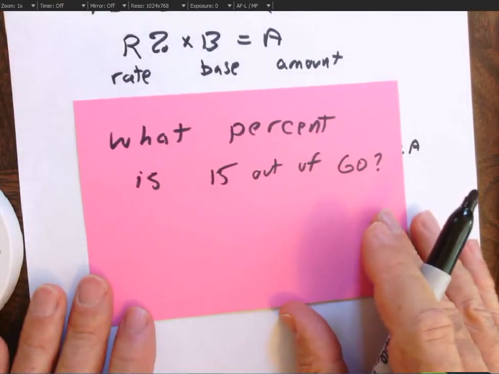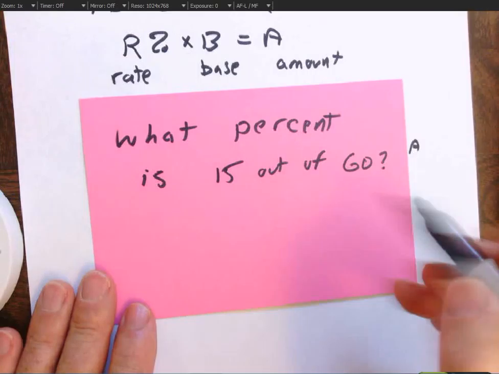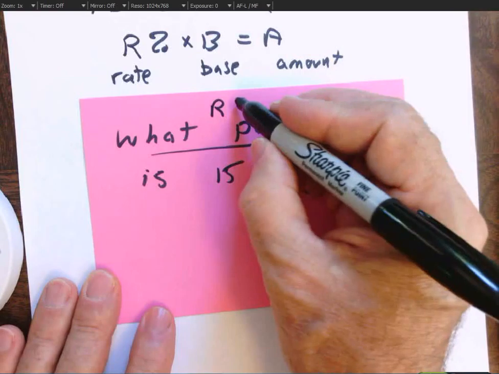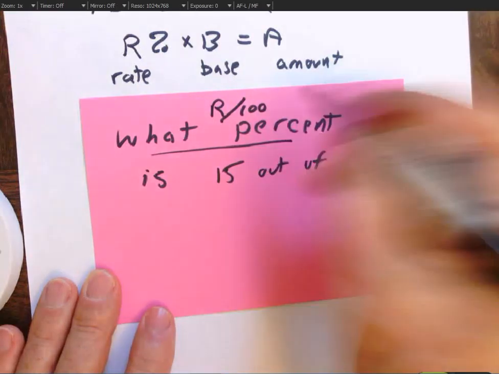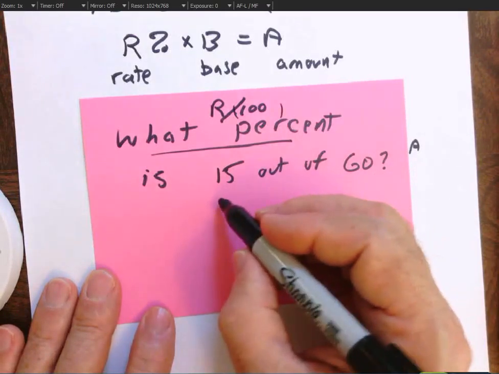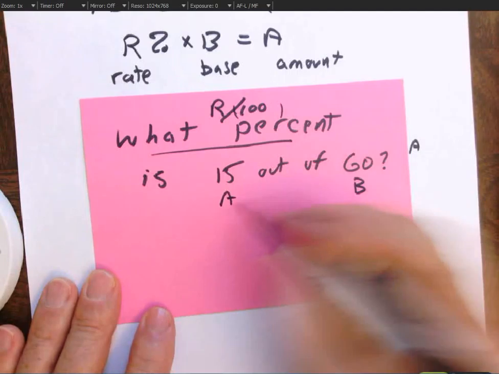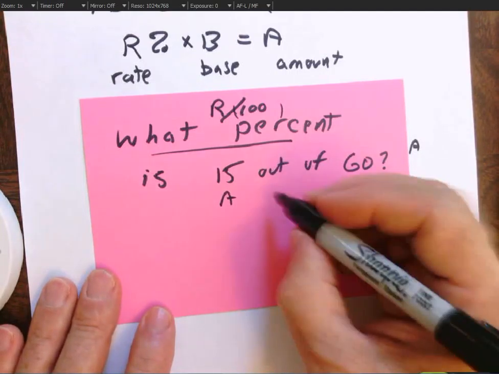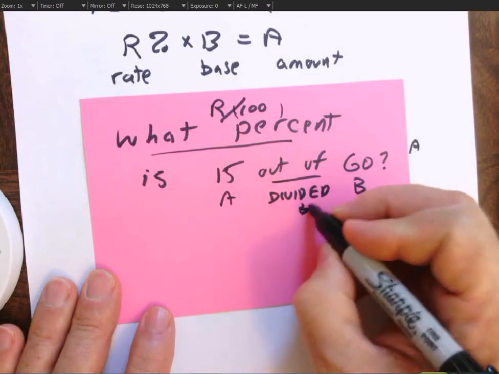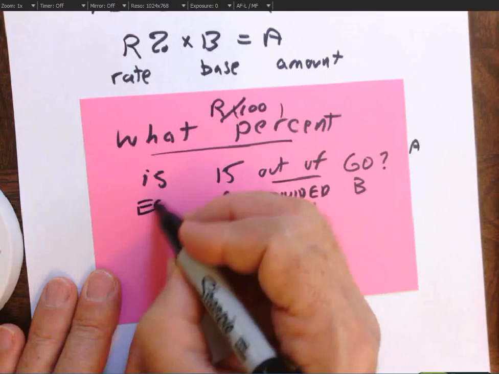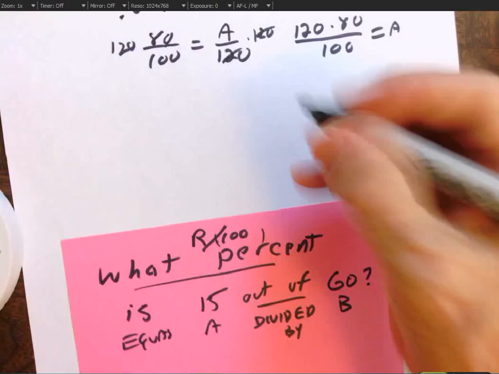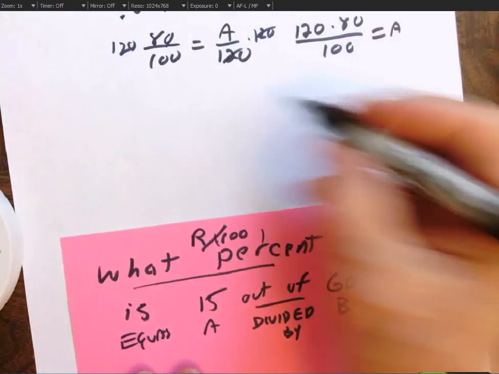So what percent is 15 out of 60? Well, translating it, what percent is going to be the R, hundredths really, is 15 out of 60. 15 is the amount, 60 is the base. The base is always the out of thing. So out of means divided by. In this case, is means equals. So going back to this form, R is my unknown.